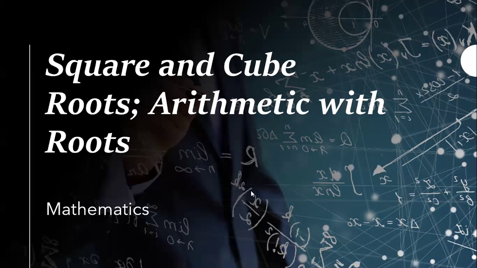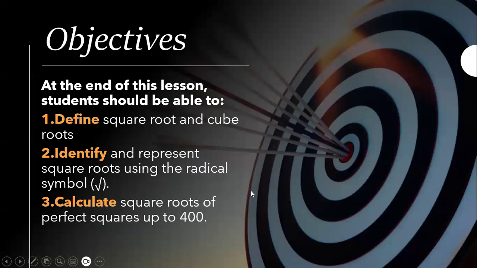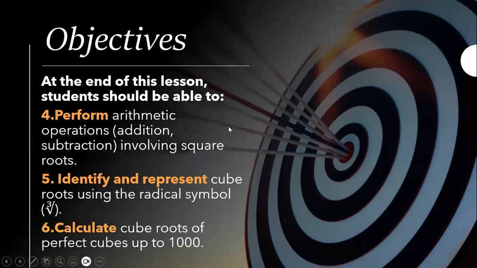Can you read these objectives for me, please? At the end of the lesson, students should be able to: Number 1, define square roots and cube roots. Number 2, identify and represent square roots using the radical symbol. Number 3, calculate square roots of perfect squares up to 400.